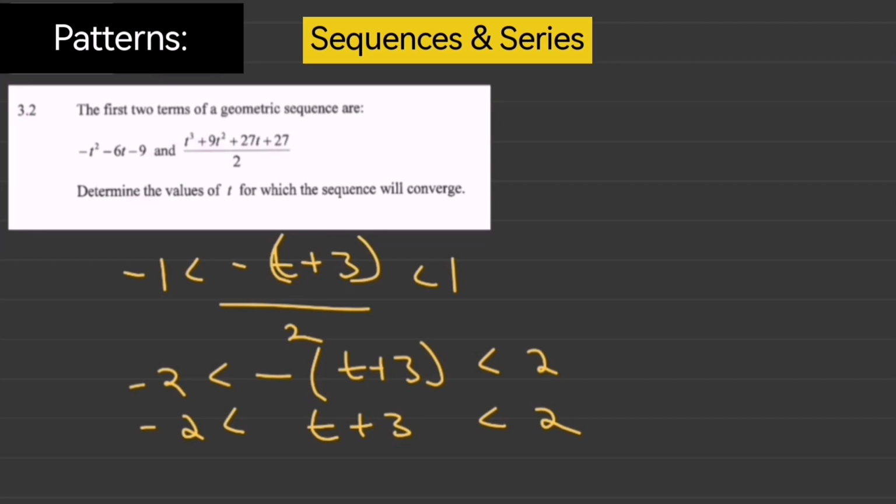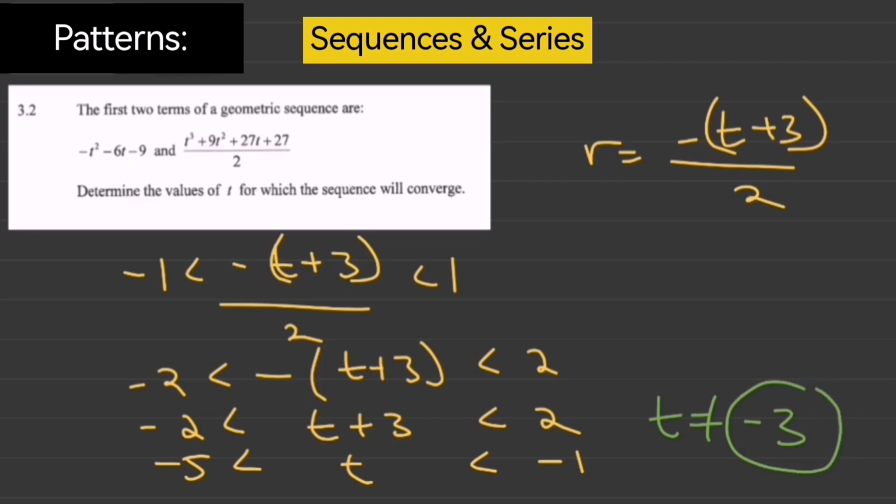Lastly, I'll have to take the 3 over. That gives me -5 on the left hand side and -1 on the right hand side. And you should also remember the restriction, t cannot be equal to -3. Because remember, if t is -3, then the ratio will end up to be 0, and we can't have that. And that's how you answer these questions.